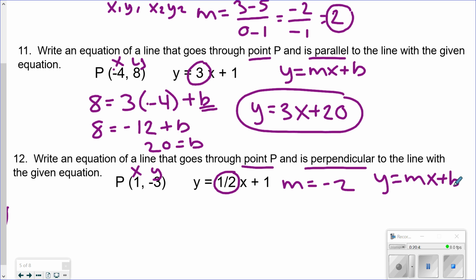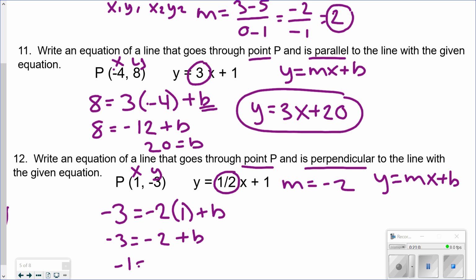Y is -3 is equal to m, which is -2, times my x value, which is 1, plus b. So -3 is equal to -2 plus b. Add 2 to each side. -1 is equal to b. So my equation then is y is equal to -2x minus 1.